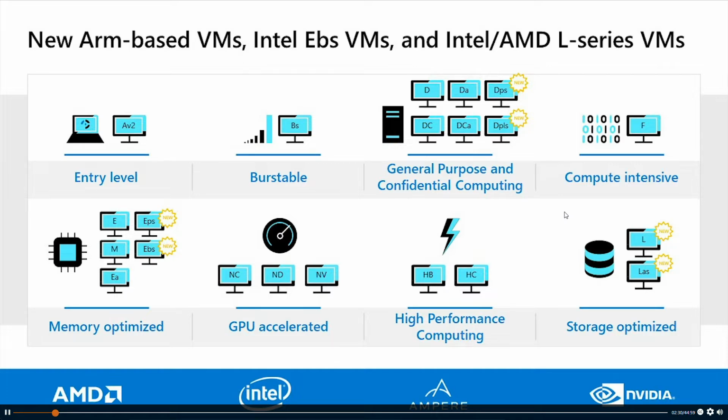The Azure Virtual Machines portfolio also includes storage optimized VMs, GPU accelerated VMs for AI, graphics intensive, and visualization workloads, as well as instances able to tackle the most demanding high performance computing scenarios. So we'll present the recent additions to the Azure Virtual Machines portfolio in today's session, specifically the new VM series in the general purpose, memory optimized, and storage optimized VM families.